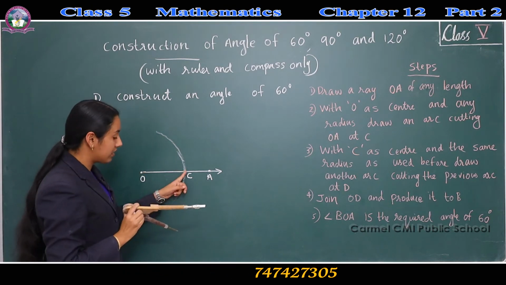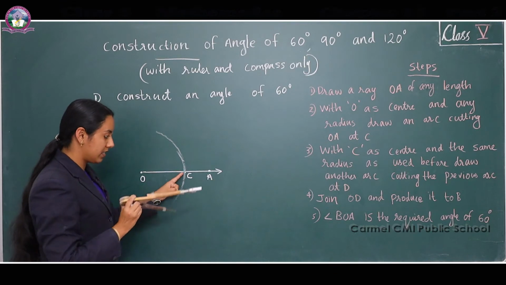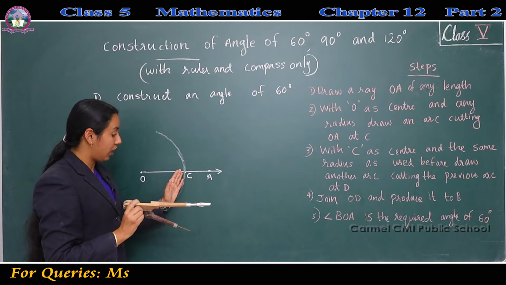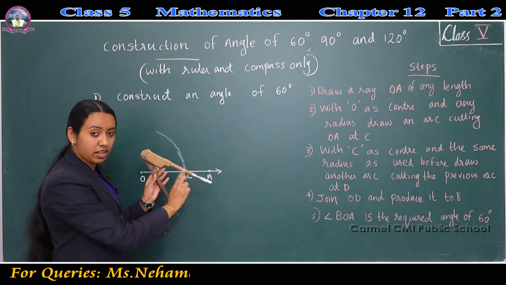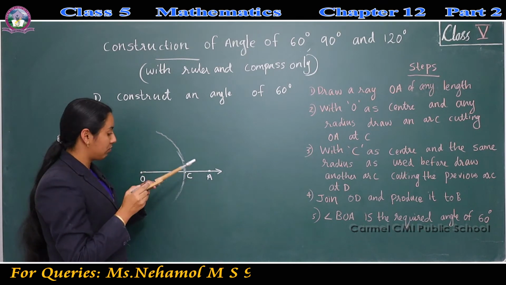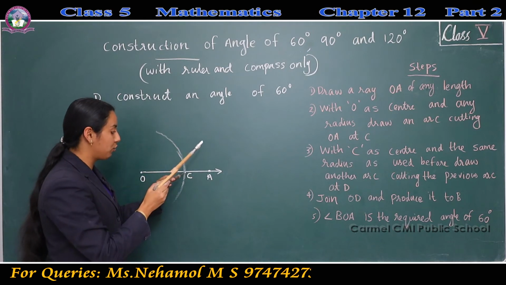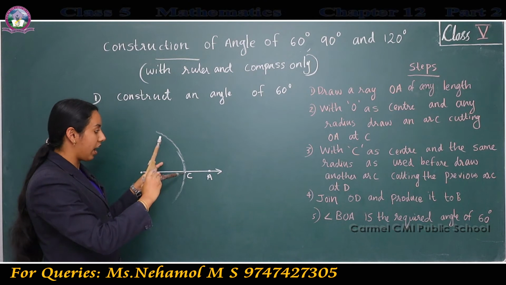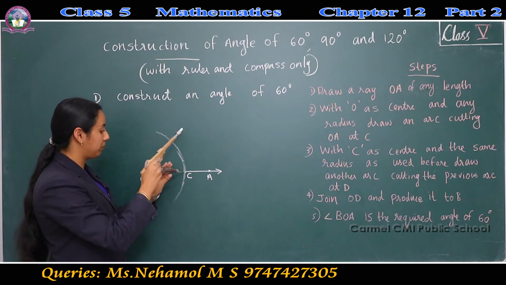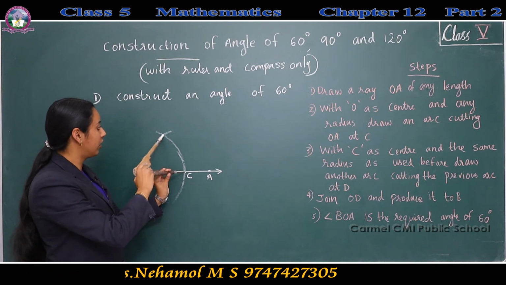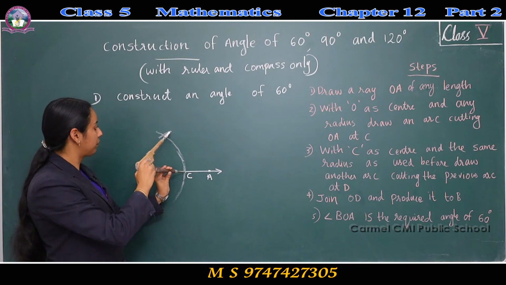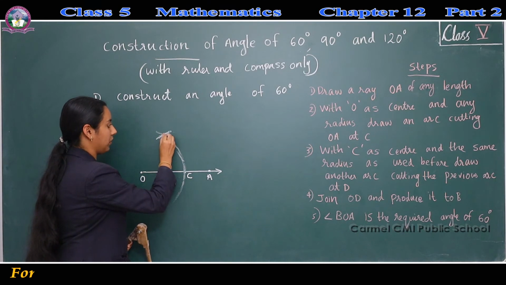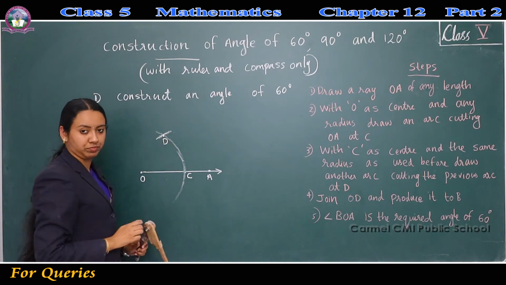Then with C as center and the same radius, that means now we can't change the setting of the compass, we have to draw another arc cutting the previous arc at D. Mark this point as D.